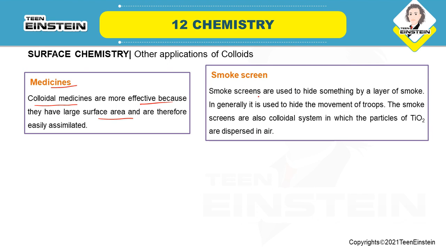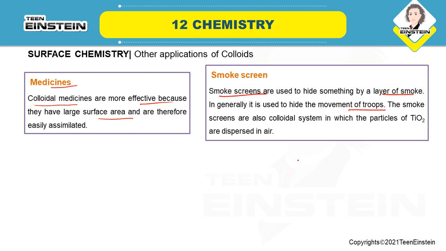Smoke screen. Smoke screens are used to hide something by a layer of smoke. This is intentionally made because it is applied in the movement of troops, so that they can hide and no one can recognize them. That is why we call it a smoke screen, screening that is made by smoke.